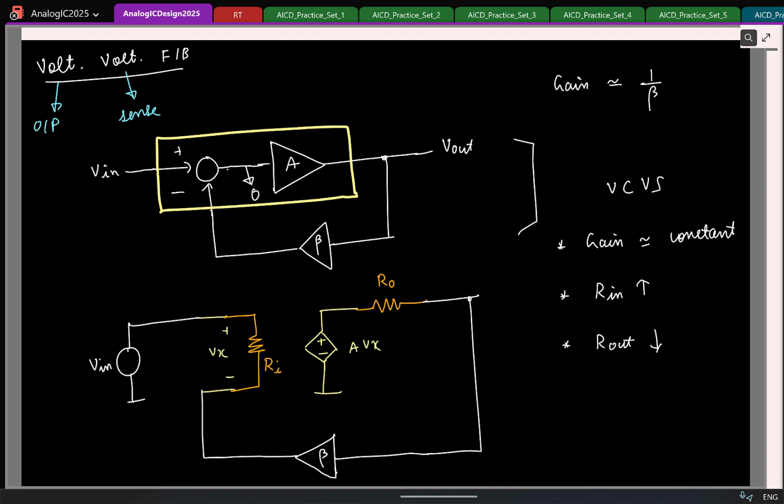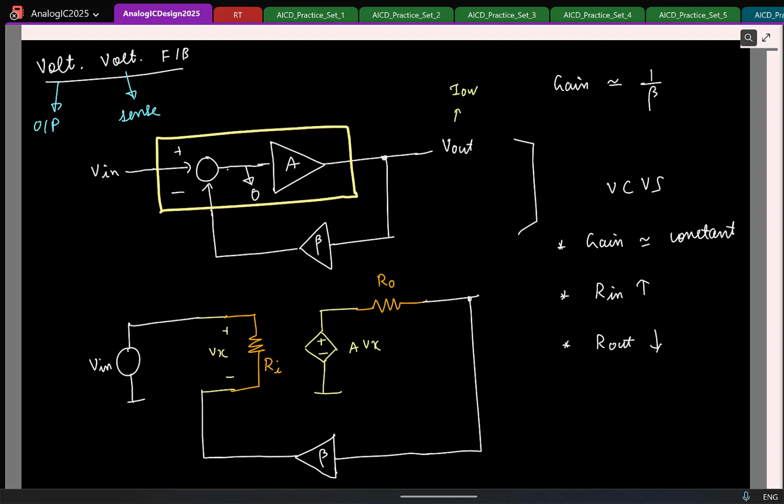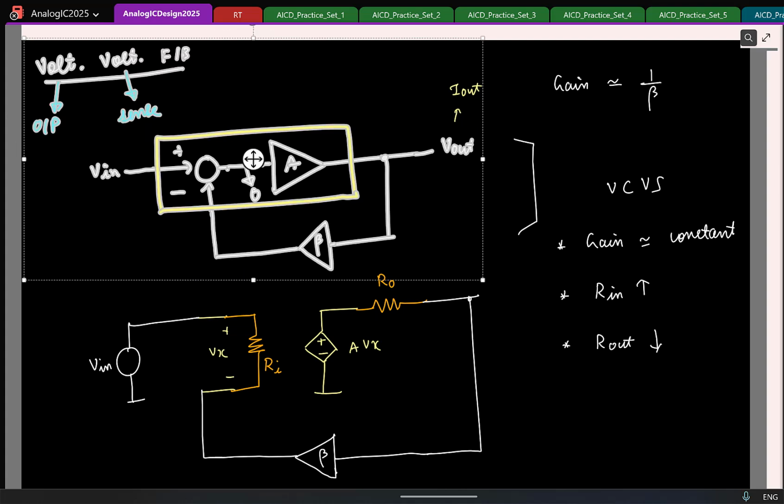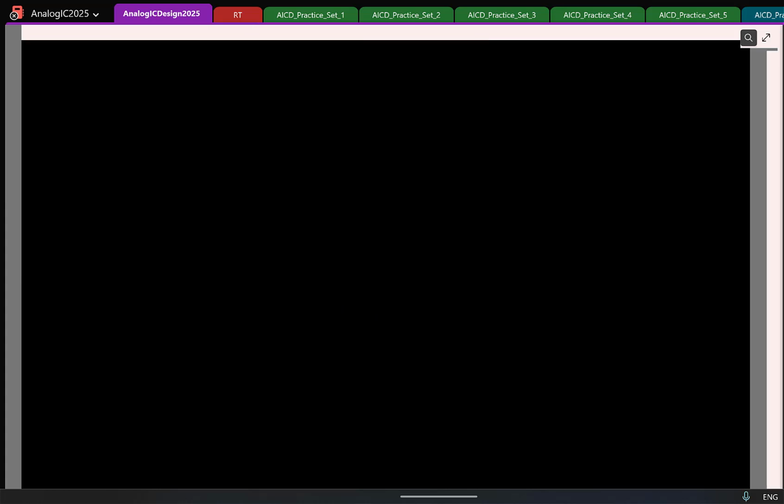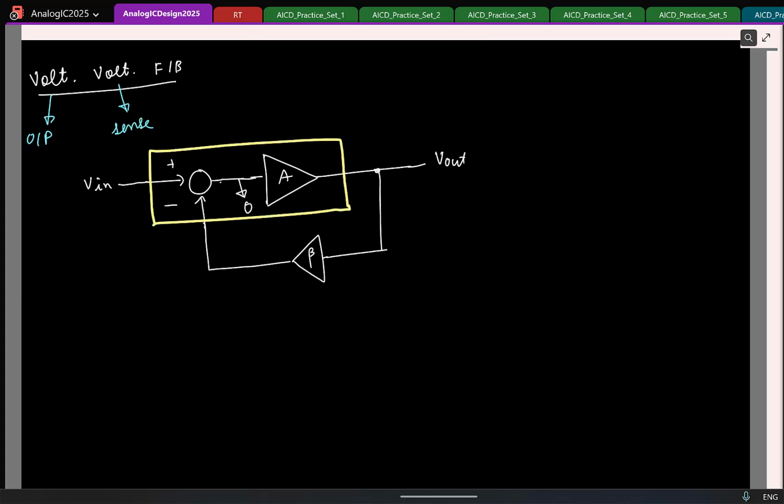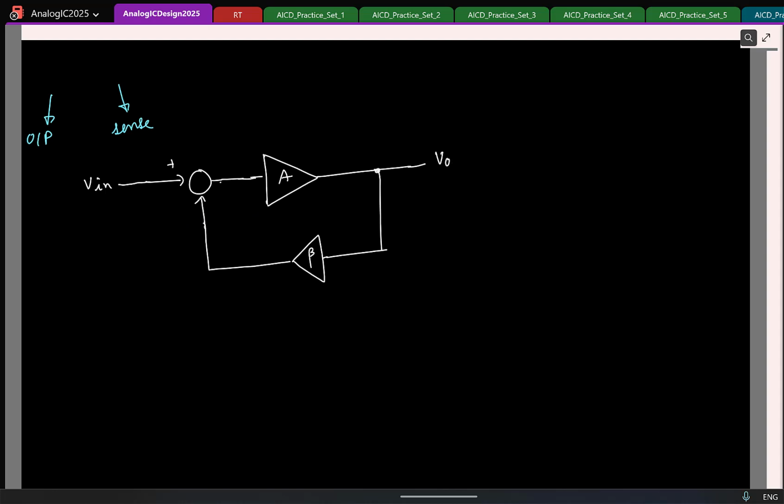For example, I can have a case where the input quantity is Vin, but maybe the output is not a voltage, it's a current. So let's take that. Now I am not interested in the output voltage, I am interested in the output current.